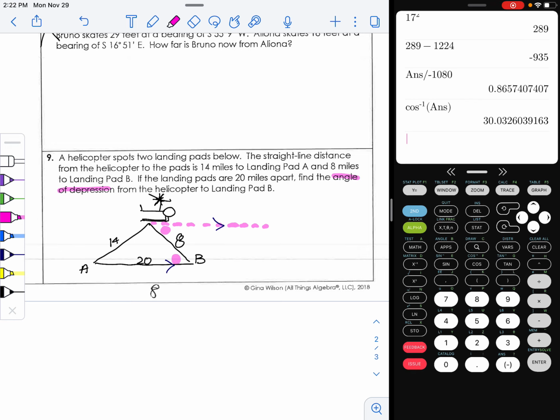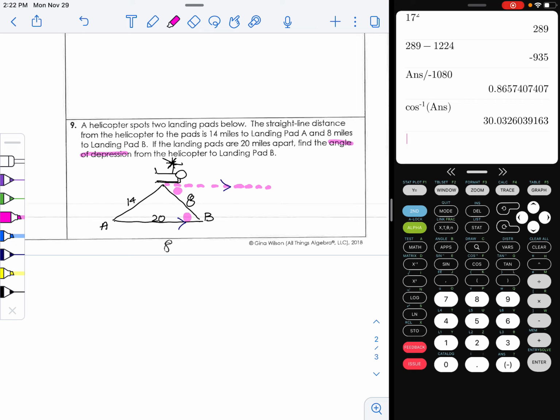So I'm going to do my law of cosines, and I'm going to find that angle B. So I would set this up with 14 squared equals 8 squared plus 20 squared minus 2 times 8 times 20 times the cosine of angle B. Well, 14 squared is 196.